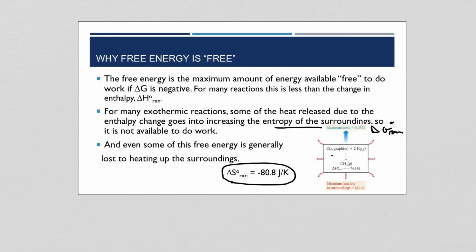And even if the entropy isn't negative, it doesn't necessarily have to go to heating up the surroundings. We often will see energy lost to the surroundings as heat during the course of the reaction. So the actual amount available is less than the overall enthalpy change.